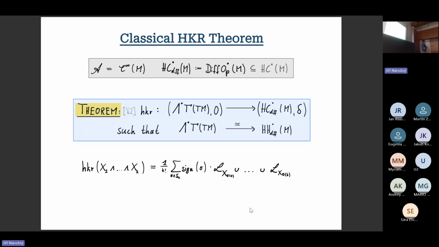In a double complex you can compute spectral sequences, and if you have some nice vanishing on edges, you can relate it to this. But as far as I know, if you work with spectral sequences, you usually don't get homotopies for the cohomology, right?